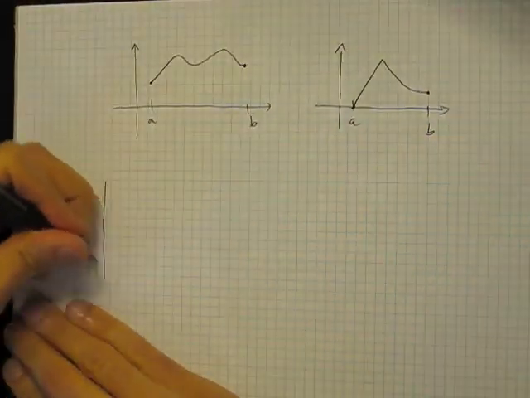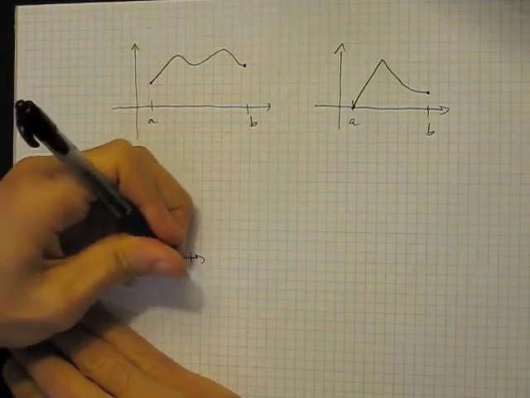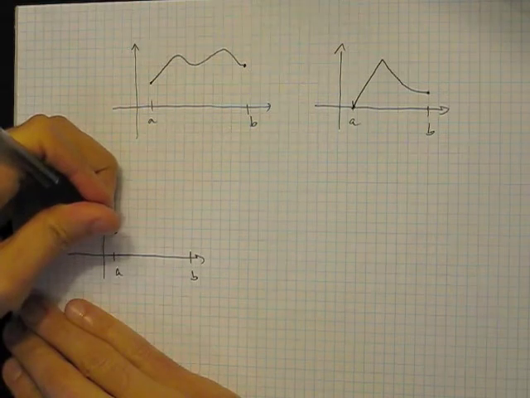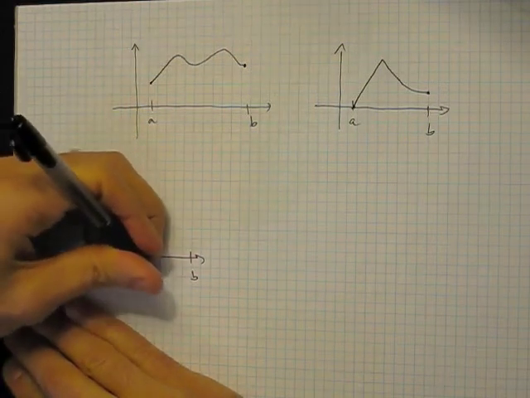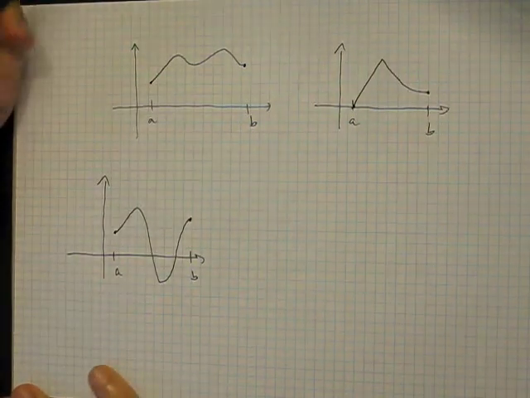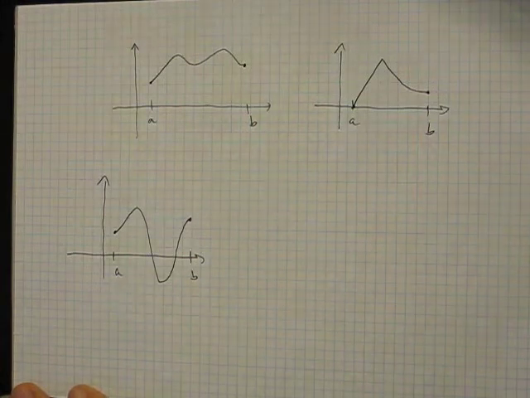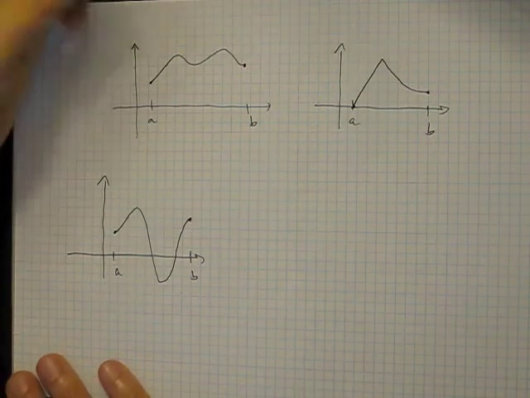Here's another example of a continuous function. All of these examples that we've drawn achieve their maximum and minimum values.